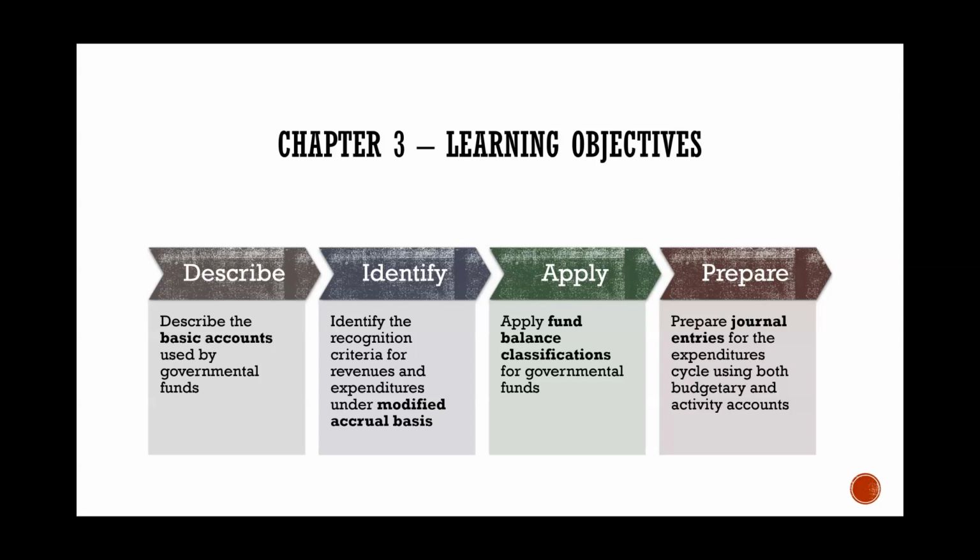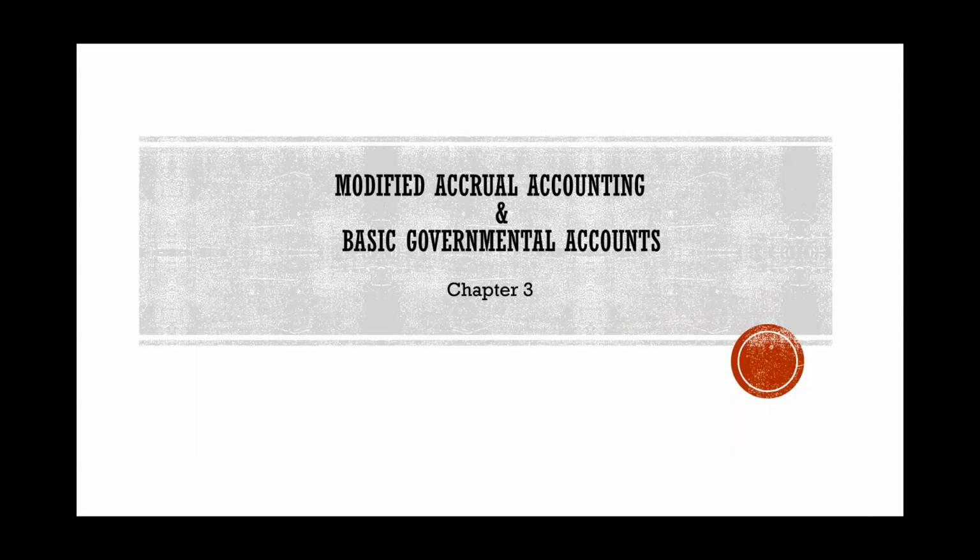And we will also talk about temporary or nominal accounts, which, if you recall again, are closed at the end of the period or the end of the year. We'll also discuss more in depth the modified accrual basis. We're going to apply fund balance classifications for governmental funds and prepare journal entries for the expenditure cycle. We'll do this for both budgetary and activity type accounts.